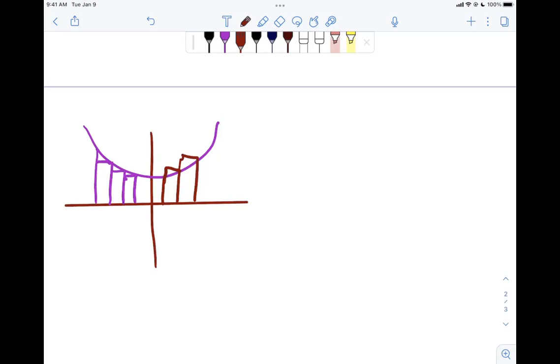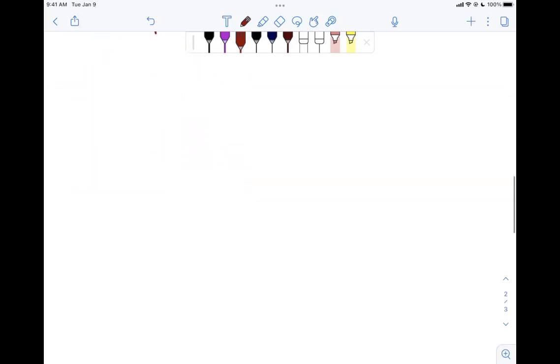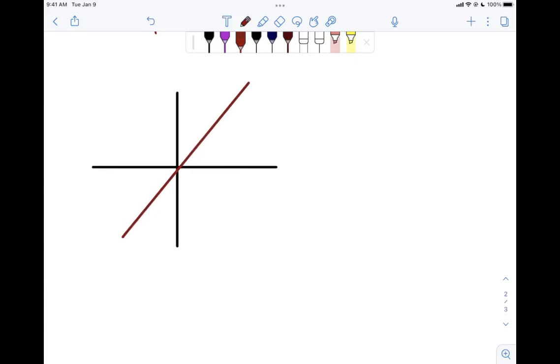So let's do a reasonably simple example. So let's say we have a linear graph. And this is going to just be the graph of the function y equals x.